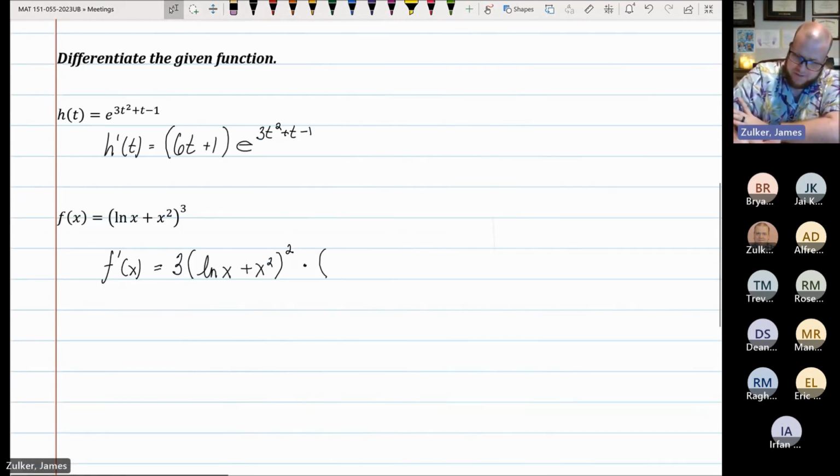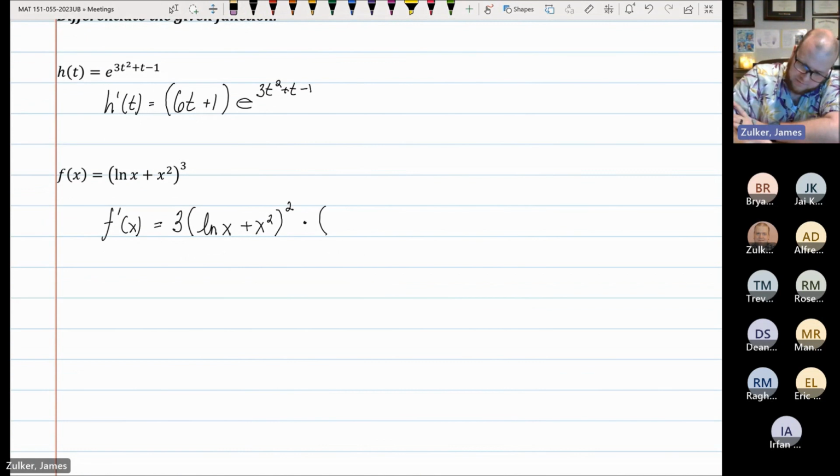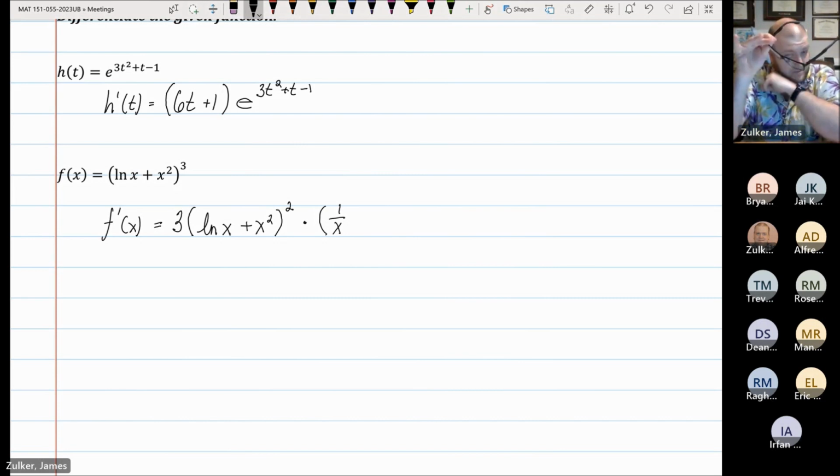Derivative of x is just 1, and then plus the derivative of x squared, 2x.